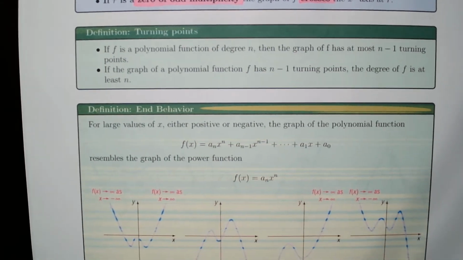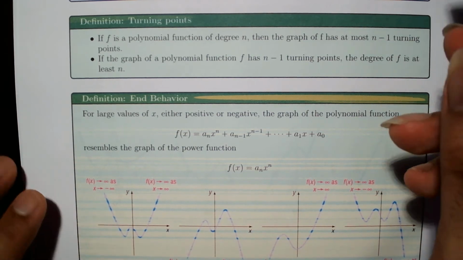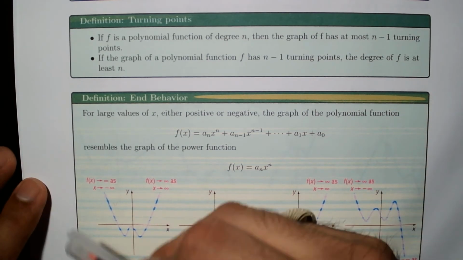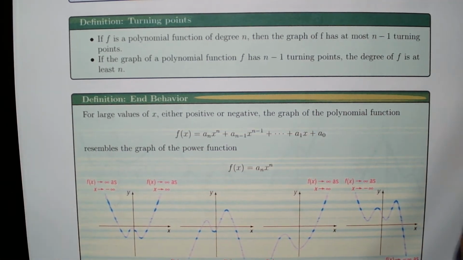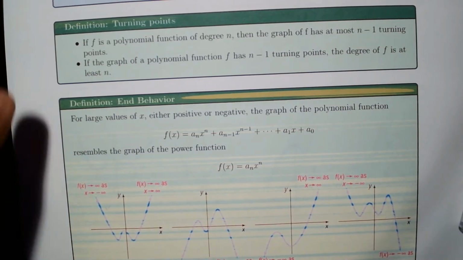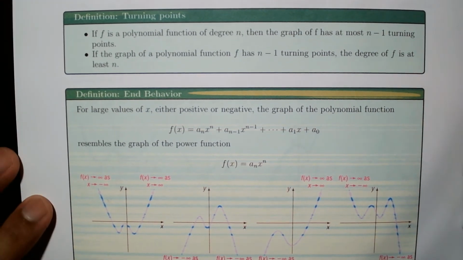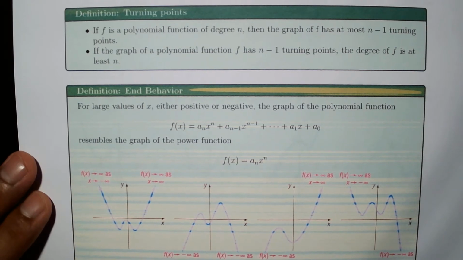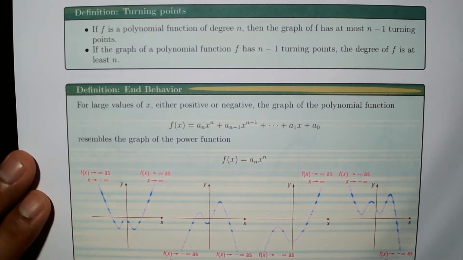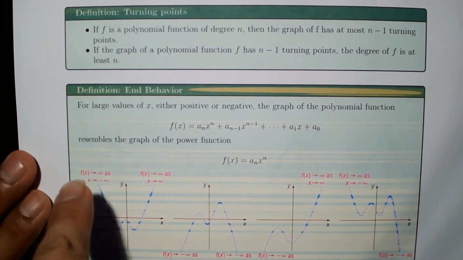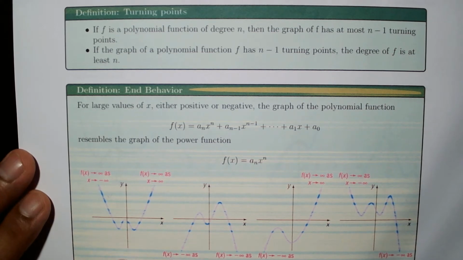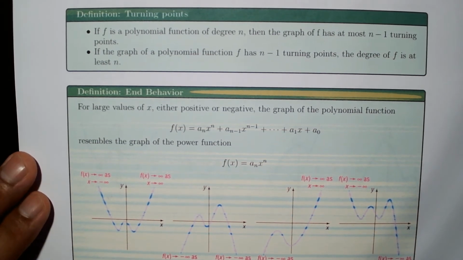Okay. Now, turning points. The polynomial graphs are going to have different shapes in different regions, or in different domains. In some domains they are going to go down, up, etc. That's going to produce turning points.